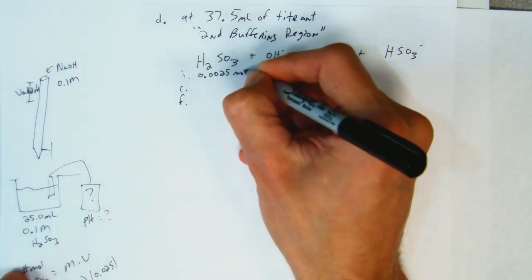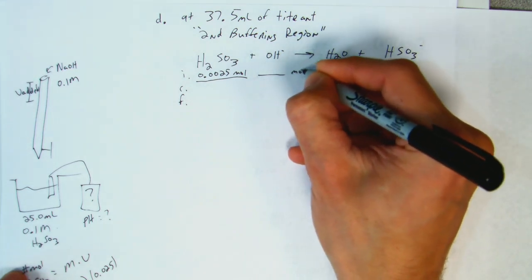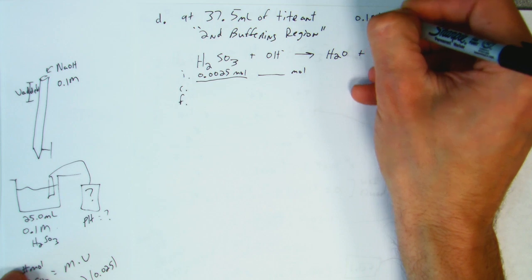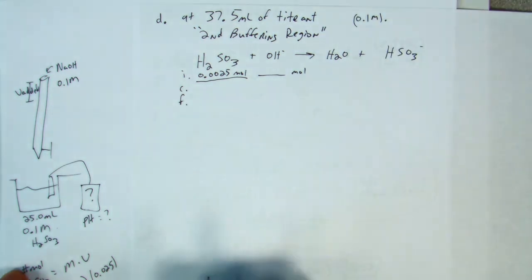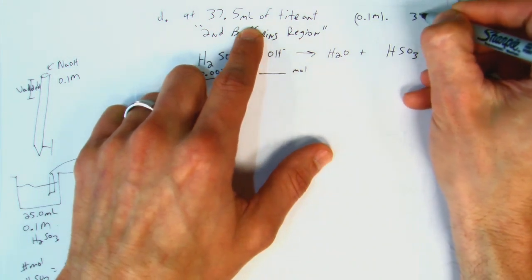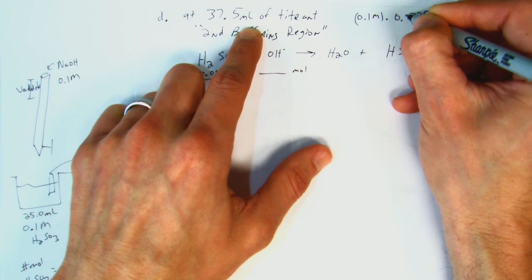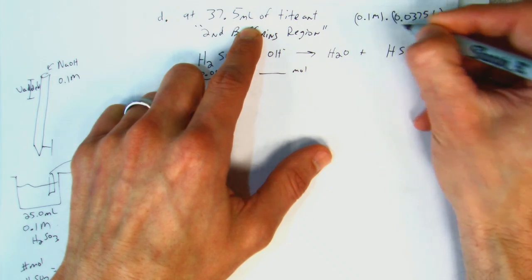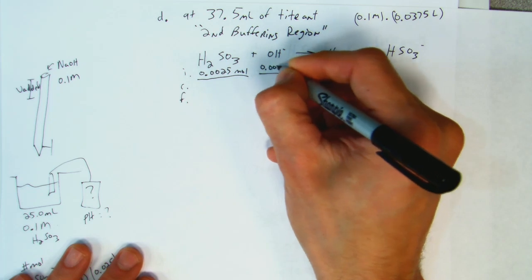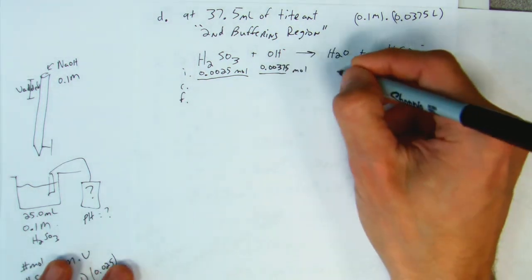Now you have to ask yourself, how much of the strong base? Well, the strong base was 0.1 moles per liter. Now we've added 37.5 milliliters, which is 0.0375 liters. So now I have 0.00375 moles of that stuff.